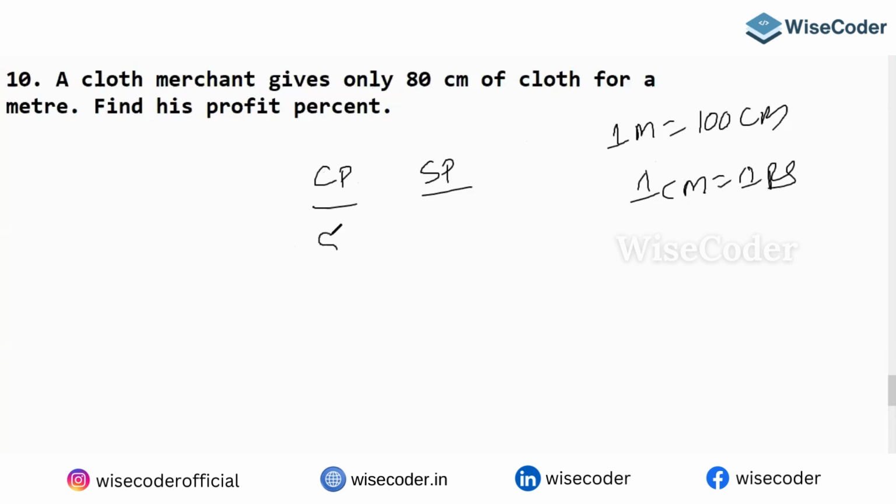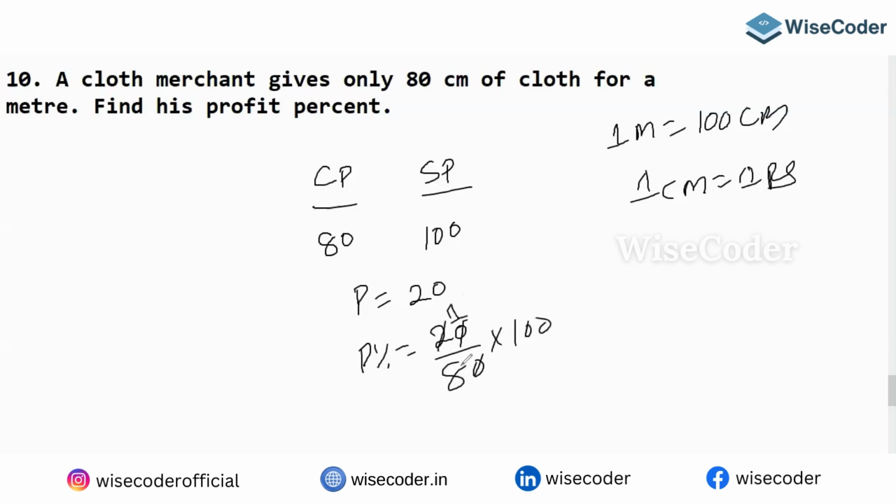So his cost price is 80, but when you pay for 1 meter, you pay 100 rupees, so the selling price is 100. The cost price is 80 and the selling price is 100, so the profit is 20. This 20 is profit on which value? 80, into 100.